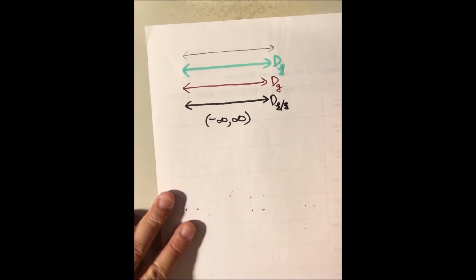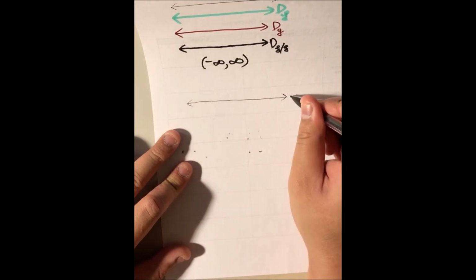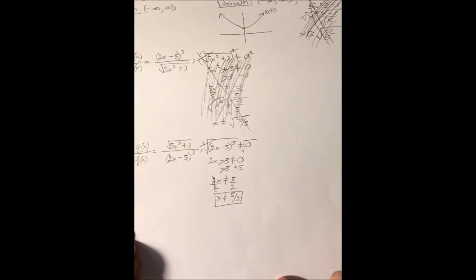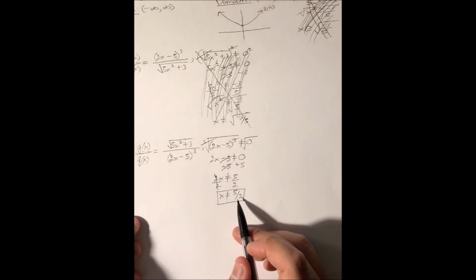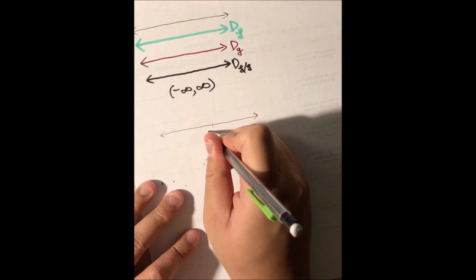What about the quotient g over f? Well, on a number line, we're going to put 5/2 in there. And of course, you know why.